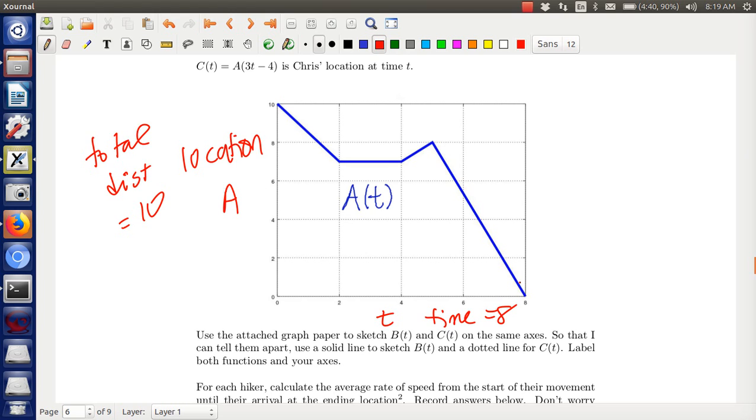So it could be 8 hours, 10 miles, whatever units you like. So the total distance over the total time is like 5 over 4, which is 1.25. And again, if you made it 12 over 8, it would be 1.5, plus or minus 1.5, plus or minus 1.25. Those were all acceptable.